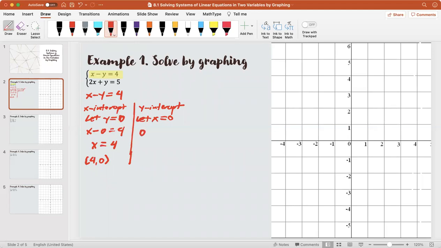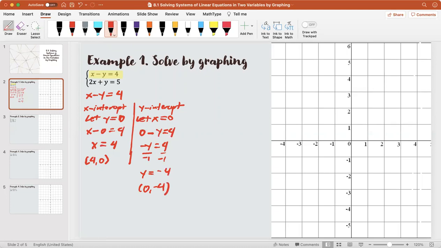We have 0 minus y equals 4. 0 minus y is negative y. That's equal to 4. Divide both sides by negative 1. Therefore, y is equal to negative 4. So what do you think is your y-intercept here? It's (0, -4).